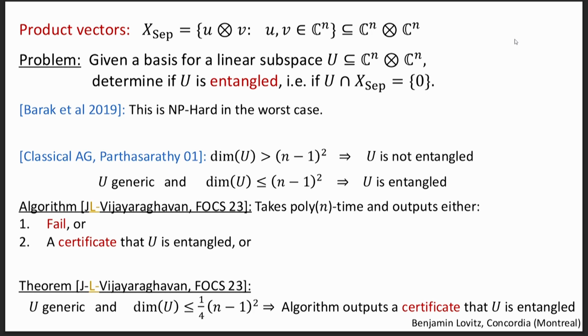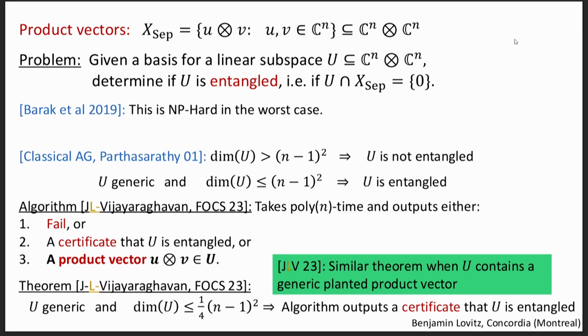Of course, you could just always output fail, but we prove that we actually output a certificate in many cases. If U is generically chosen of dimension 1/4 of (n-1) squared, then it will be entangled, but you want a polynomial time certificate of it, and our algorithm will give you a certificate. So this is like an average case polynomial time algorithm for the problem, loosely speaking.